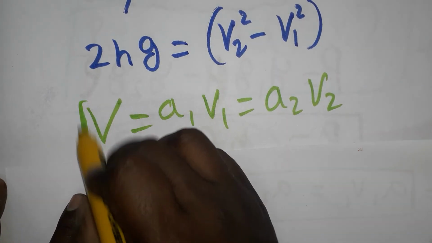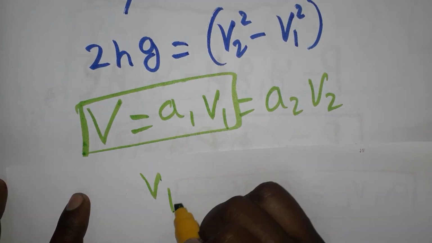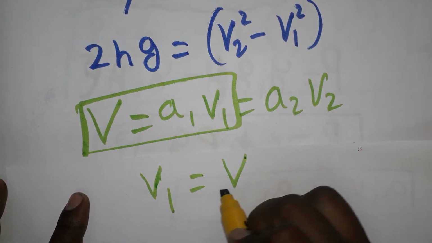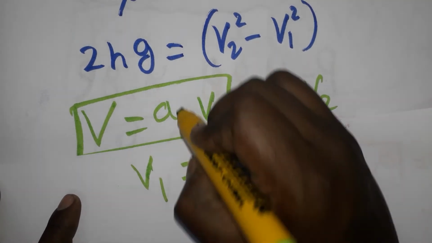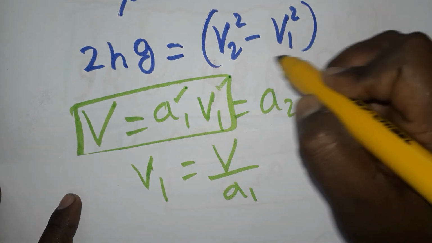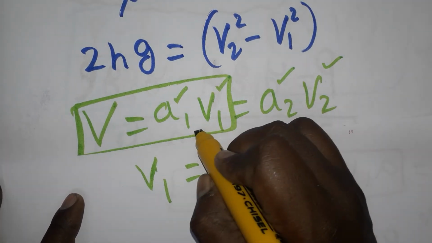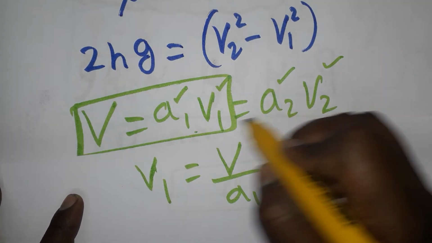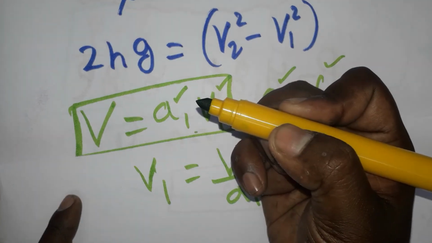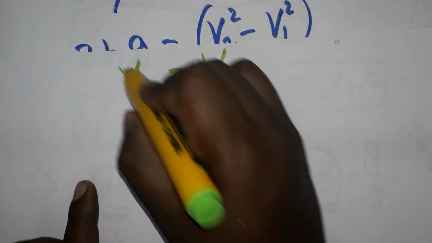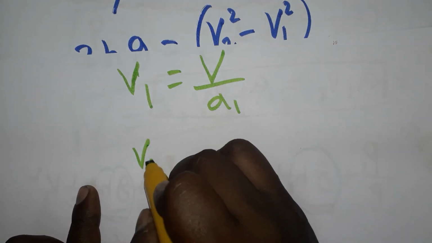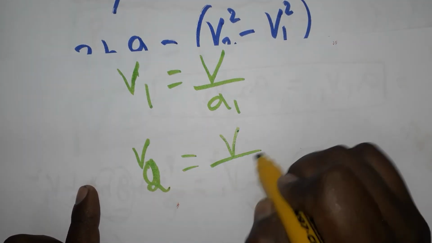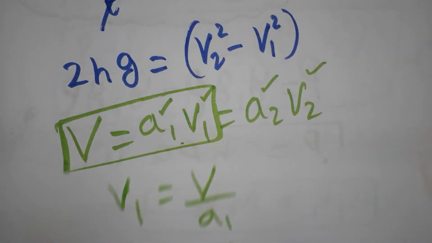From this equation, v1 is equal to capital V divided by A1 and v2 is capital V divided by A2. Here A is the area and v is the velocity at point A and point B. Capital V is the volume of the liquid flowing per unit time.